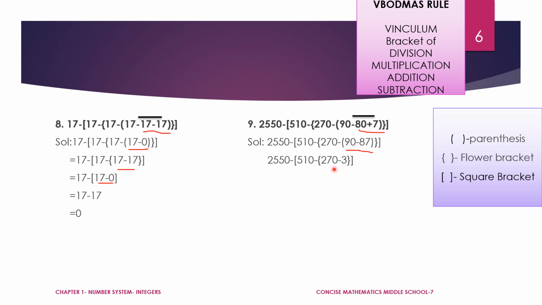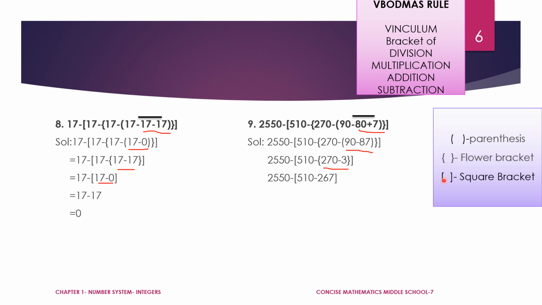Right? Now, we have already removed this parenthesis. Now move on to the flower braces. Here is a flower brace. These integers are there in the flower braces. Inside the flower braces, there is no division, multiplication or addition, and only subtraction is there. So you need to subtract it, and then what you get is 267.